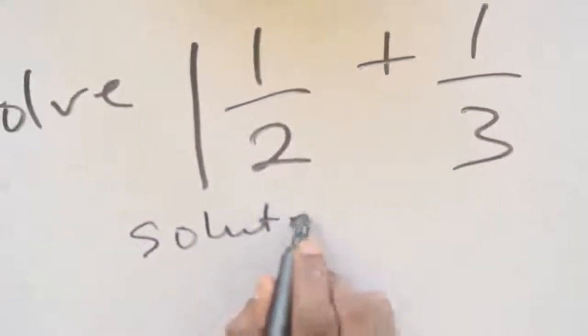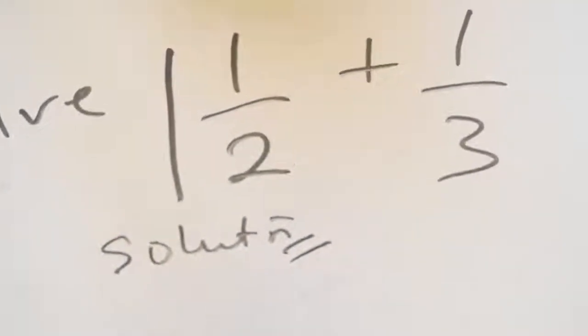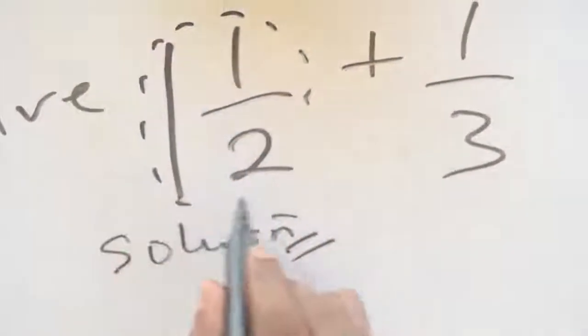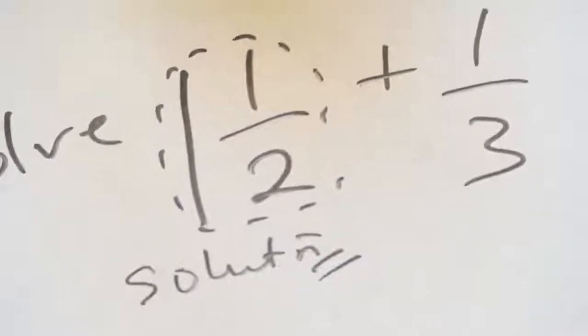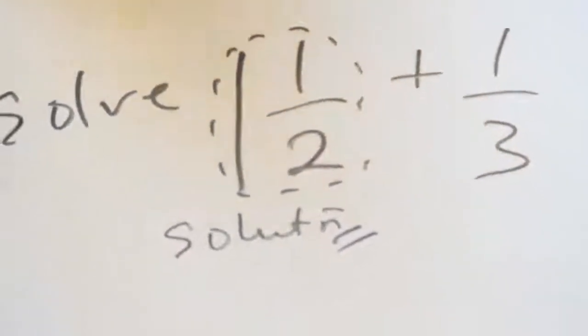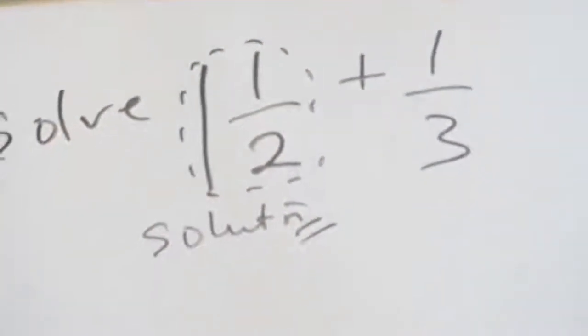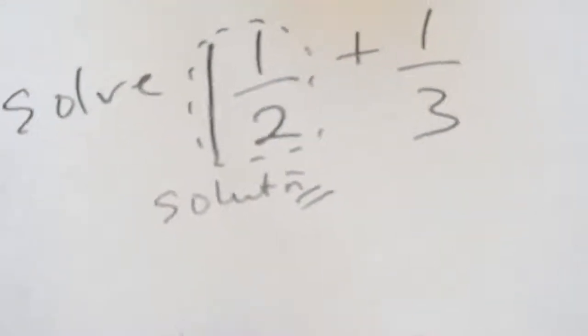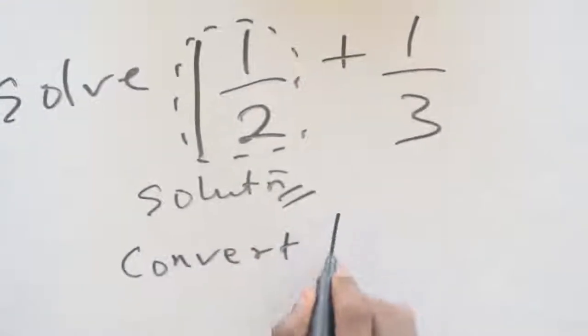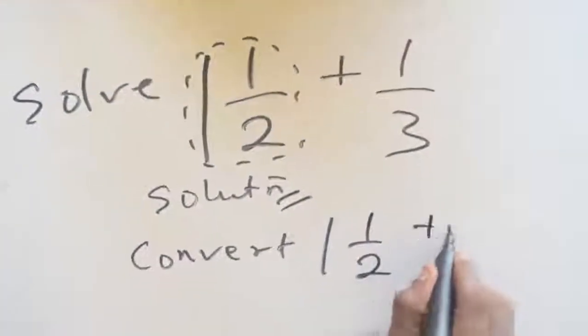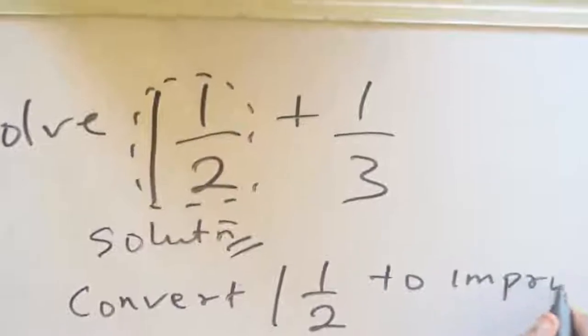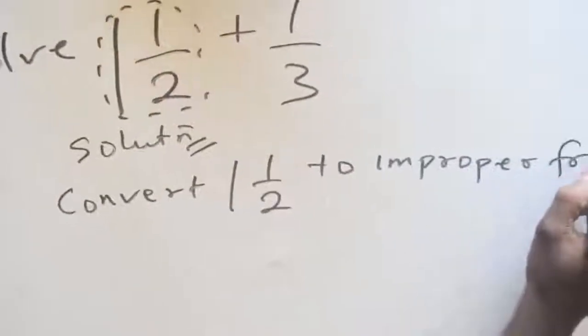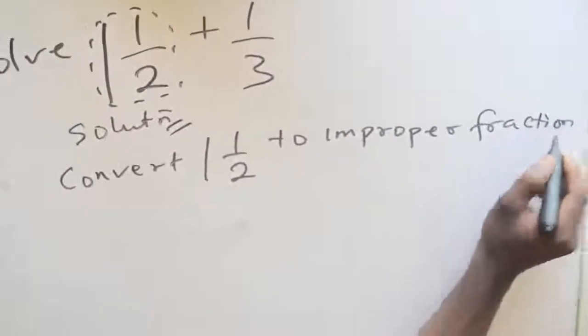The biggest problem you have lies in the mixed fraction. So you have to deal with the mixed fraction first before advancing to look for the LCM. First of all, you have to convert this mixed fraction, 1 and 1 over 2, to an improper fraction. If you convert it to an improper fraction, you are good to go.